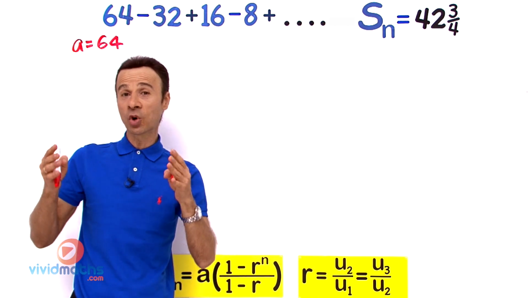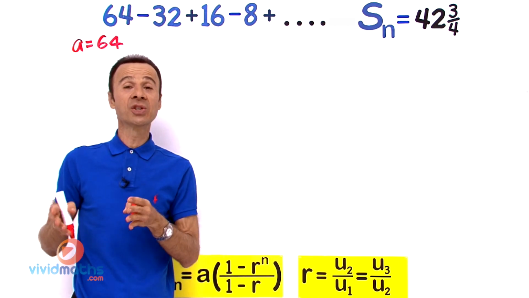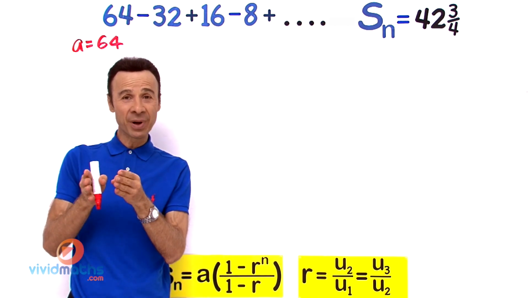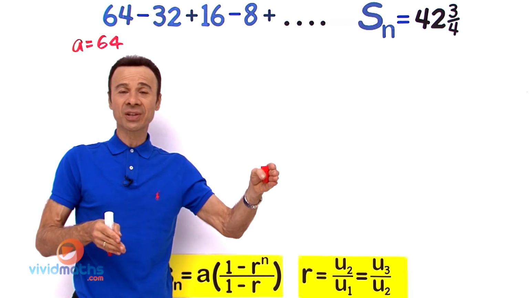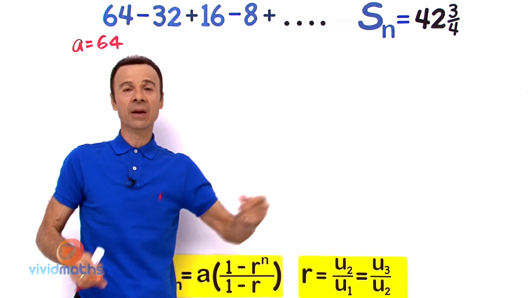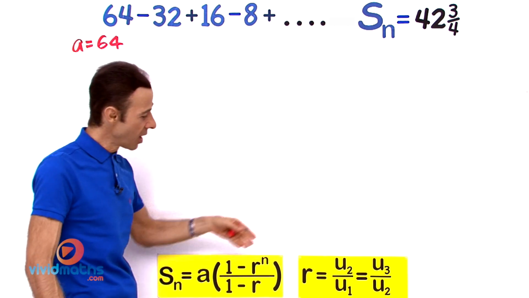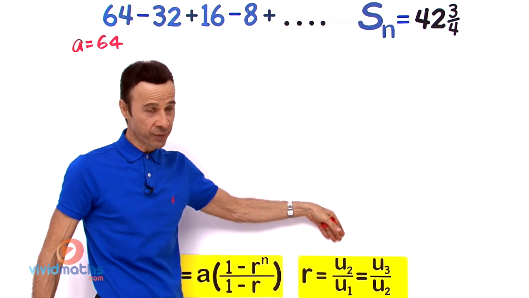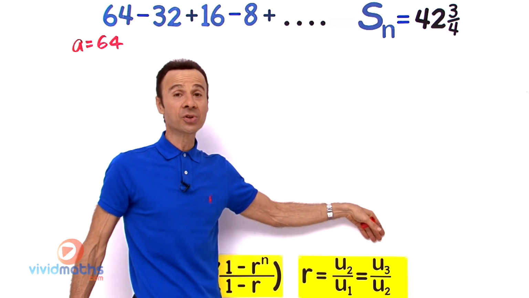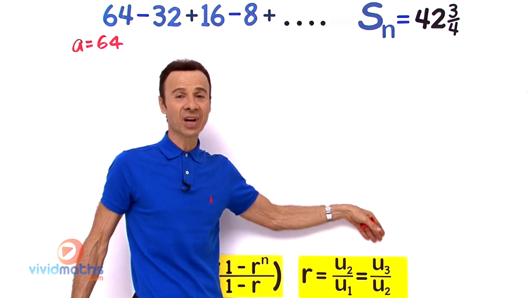Now, if we look at each term, we can come up with the common ratio. Many of you already know that the common ratio is a constant number that you keep multiplying by in order to form successive terms. R, the common ratio, equals the second term divided by the first, which equals the third term divided by the second term.